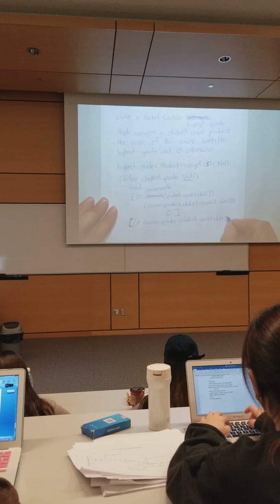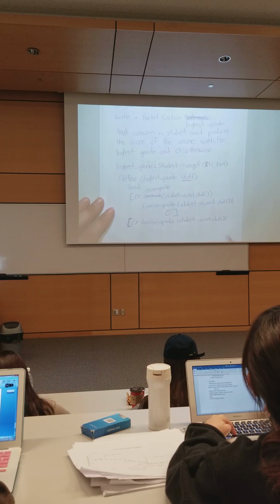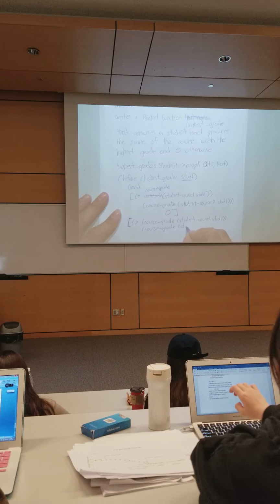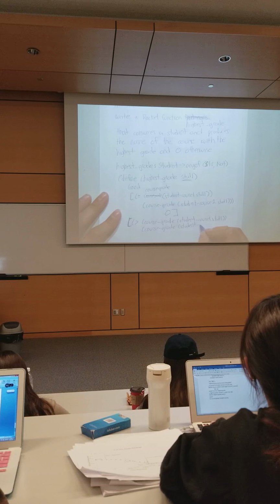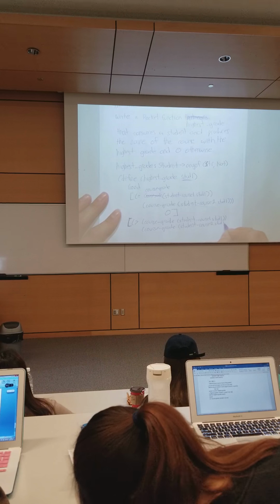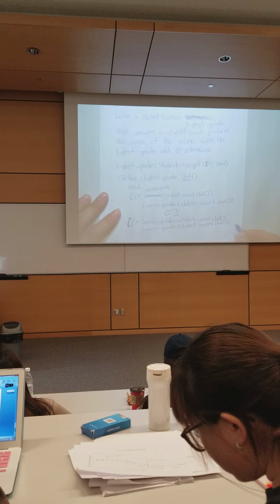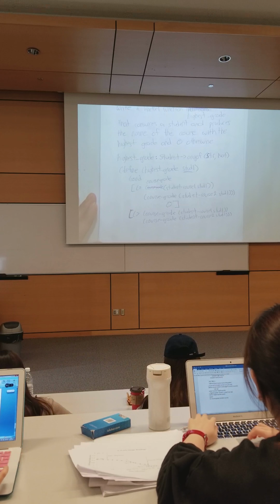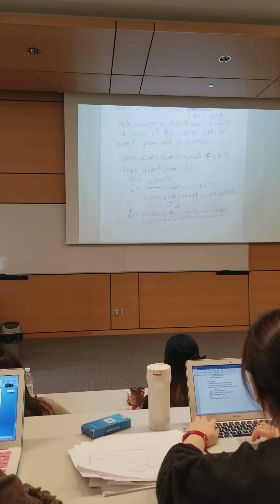So now we're asking, is the grade of course 1 bigger than the grade of course 2? So this condition asks, is the grade for course 1 bigger than the grade for course 2?